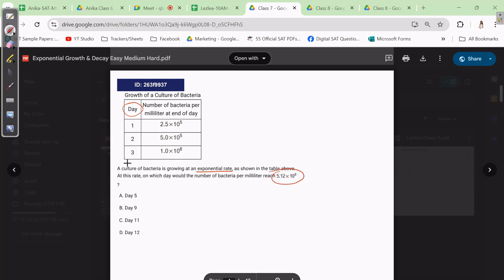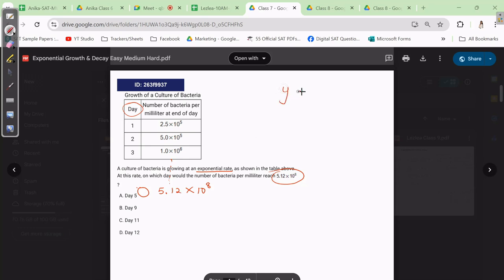So this is 1, 2, 3, and then at some point this population is going to become 5.12 times 10 raised to 8. We have to find out on which day. That means we have to find the x value for which the y value becomes this.